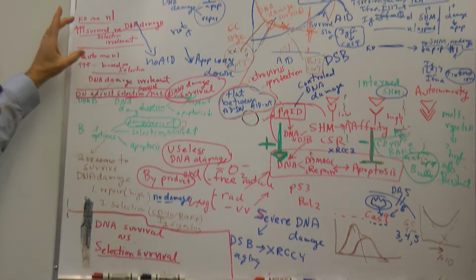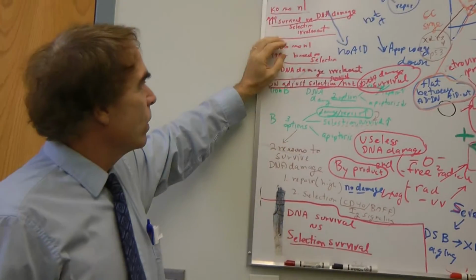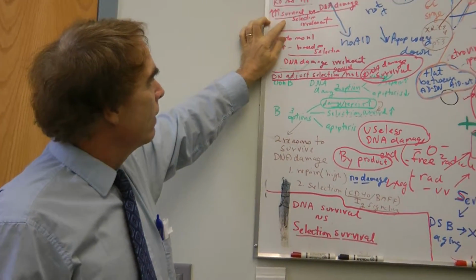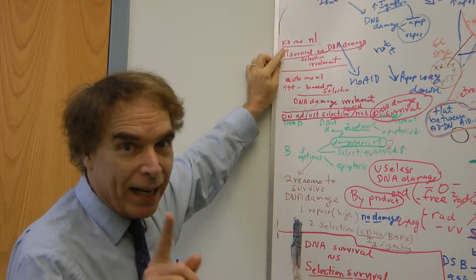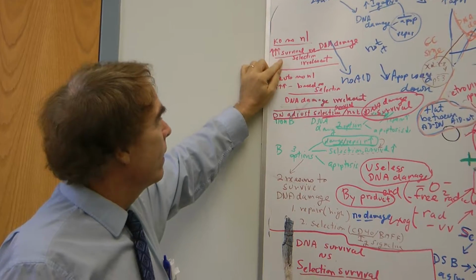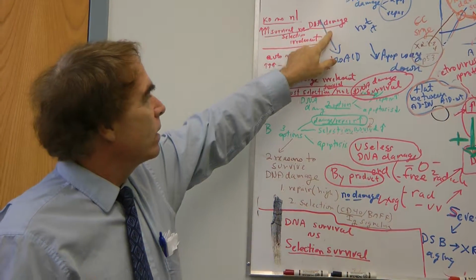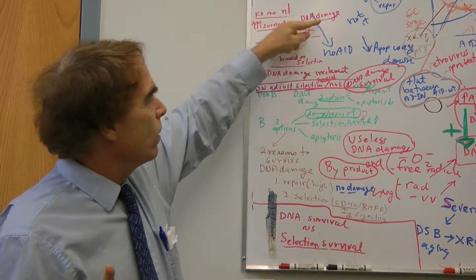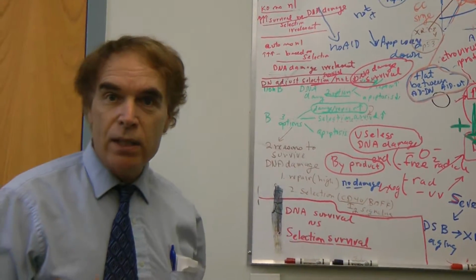So as I say up here, which is a little bit of a mouthful, knockout versus normal. In a normal mouse, versus an AID knockout, there's high survival, big germinal centers, because there's no DNA damage. So there's high DNA damage survival. And selection is irrelevant.